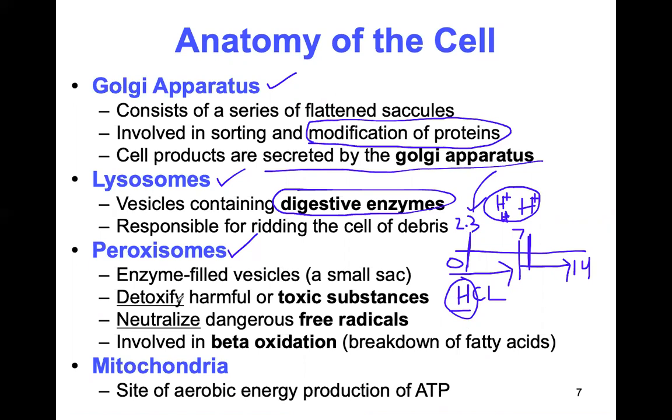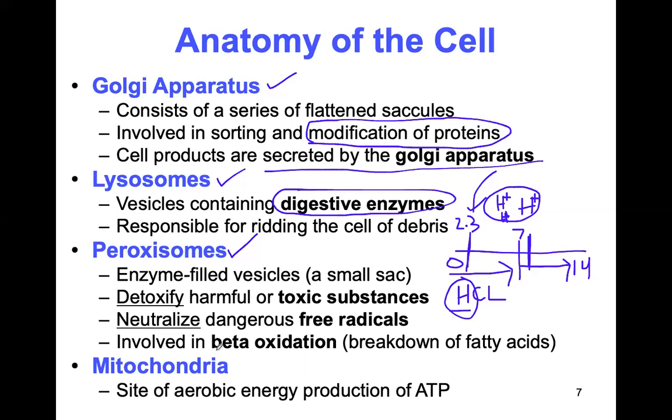Since the liver is highly concentrated with peroxisomes, that's why when someone consumes a lot of drugs, medications, alcohol, someone can get liver failure because it stresses out these peroxisomes. And there's no more peroxisomes with these enzymes available to help detoxify and neutralize these free radicals, which harm your DNA.